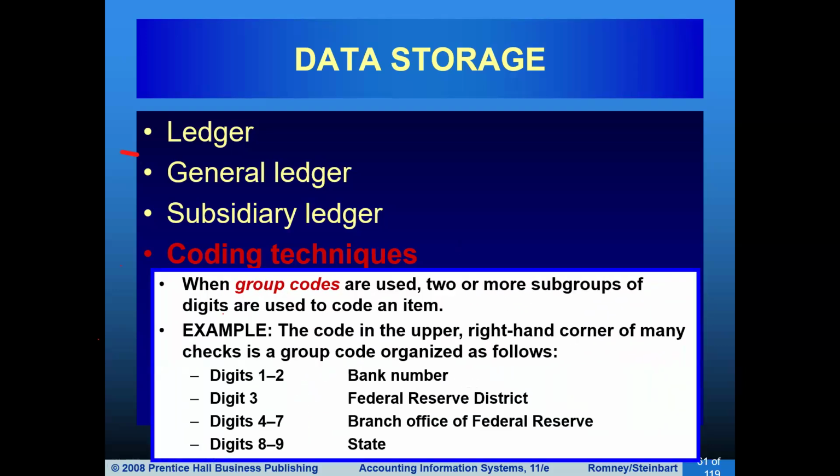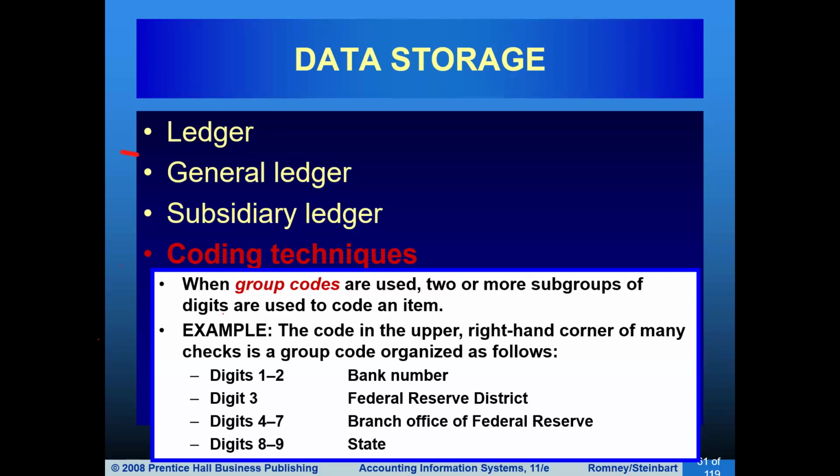Group codes like bank number, Federal Reserve, district, branch office. Even the routing code on a check also has some code, right? Code number, bank number, type of bank number. The group codes are used: two or more subgroups of digits are used to code an item.